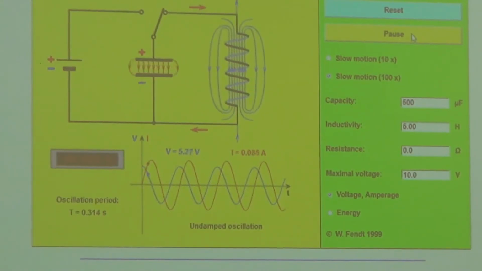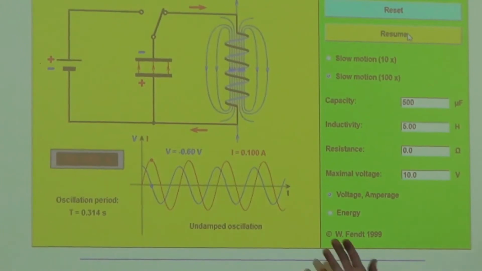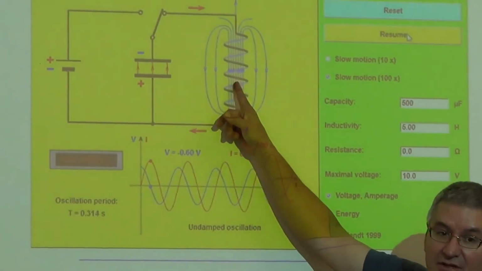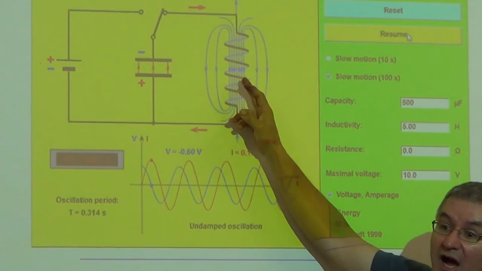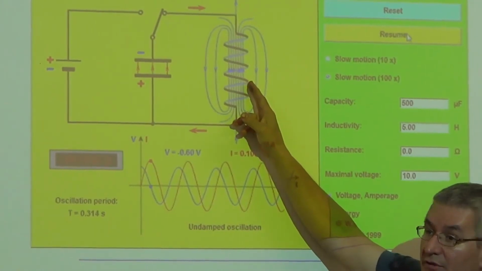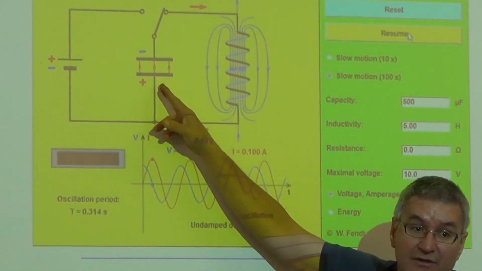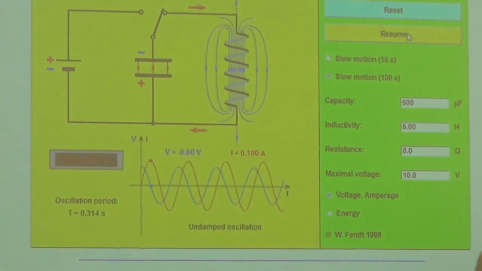And you can see that the E field lines are getting farther apart, indicating that the field is getting weak, and the line density here is getting big, saying that there's a high magnetic field energy stored here, and zero electric field here.